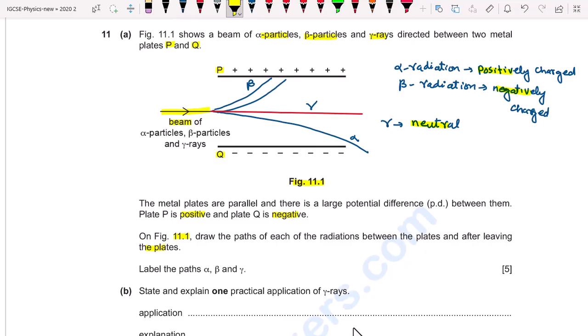Part B. State and explain one practical application of gamma rays. The gamma rays are used in the sterilization of equipment and it is used to destroy bacteria.